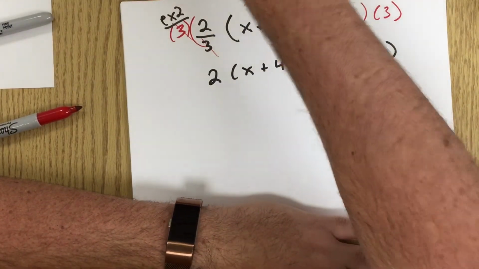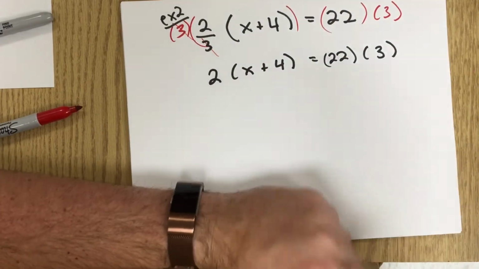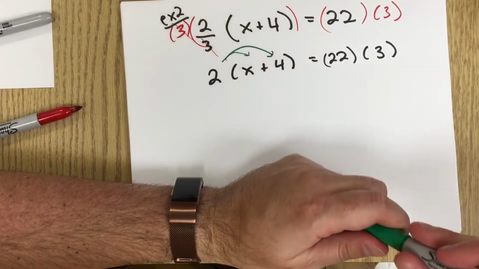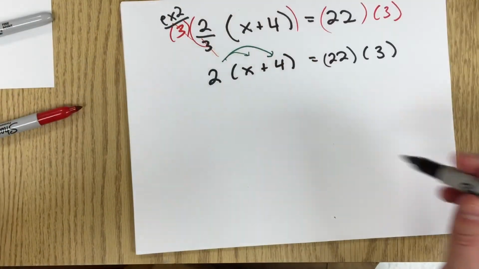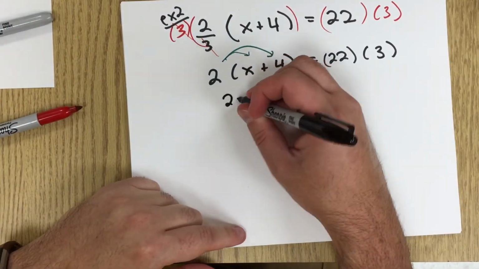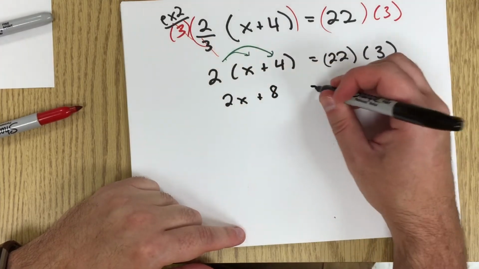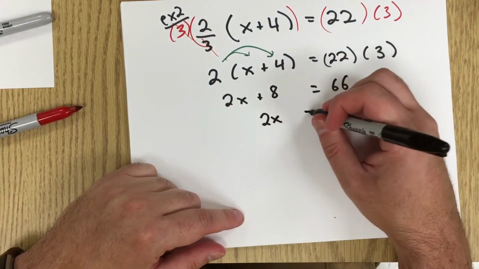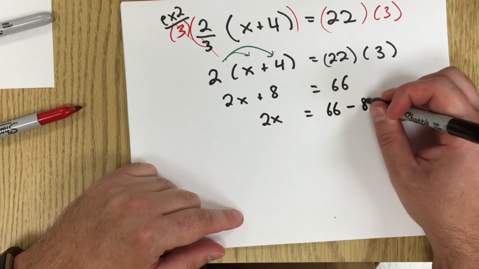What we do now, we expand that in, so we distribute it. So we end up with 2x plus 8 equals 66. And I'm going to move a bit fast here. 2x equals 66 minus 8.